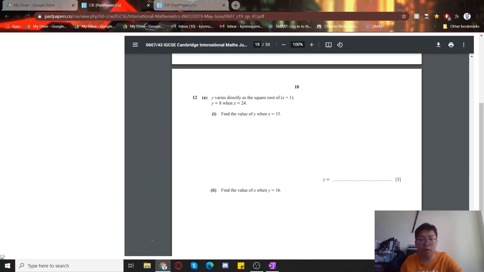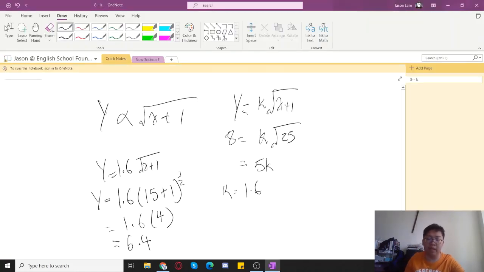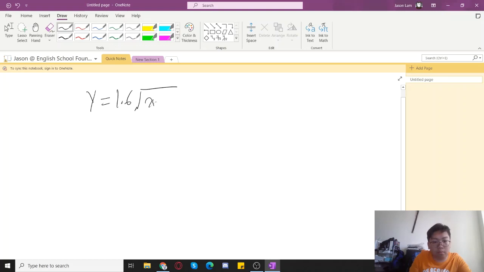Again, same logic. Instead of having a value for x, we have a value for y, so I'll just write it out again. So that is going to be 16 is equal to 1.6 times something.